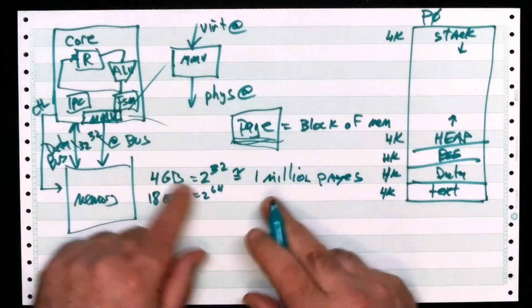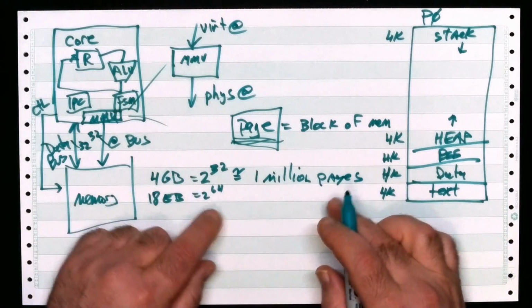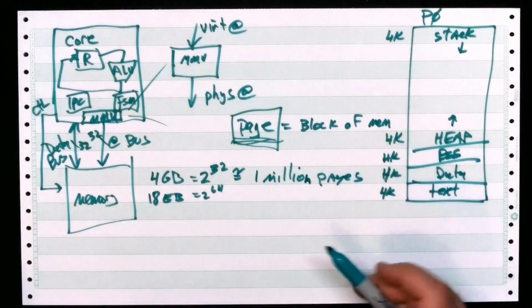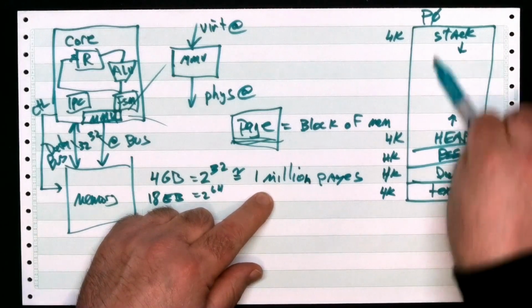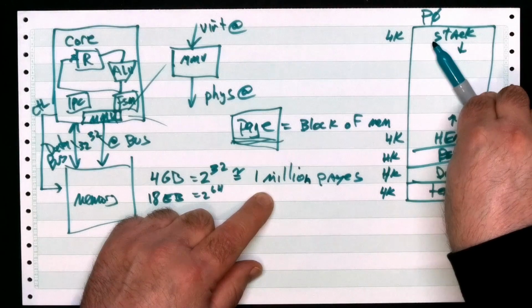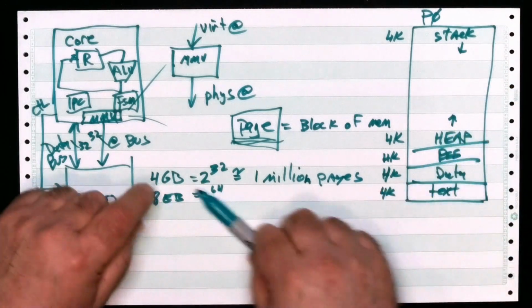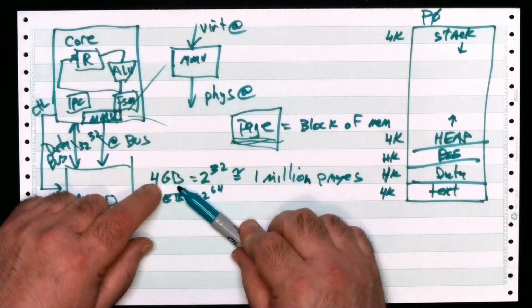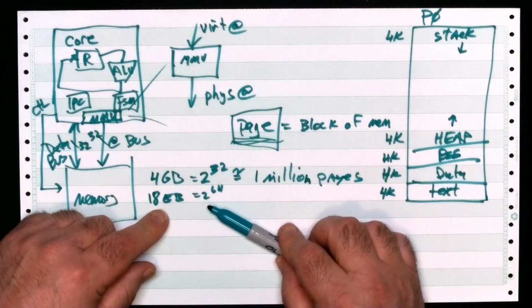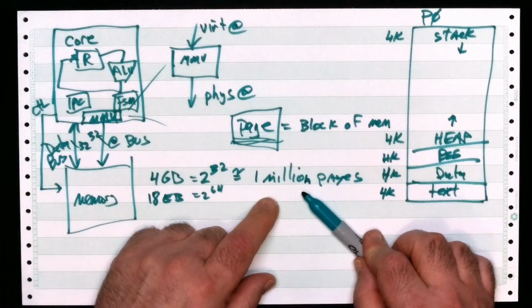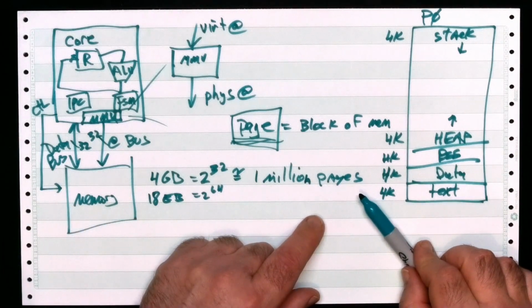Because these are decimal values, and we know these are always in binary, and there's some rounding going on here. On the order of 1 million pages are needed at 4K each to describe a 4 gigabyte address space. How many pages do I need for this? I would need 4 billion million pages. That's a lot of pages.